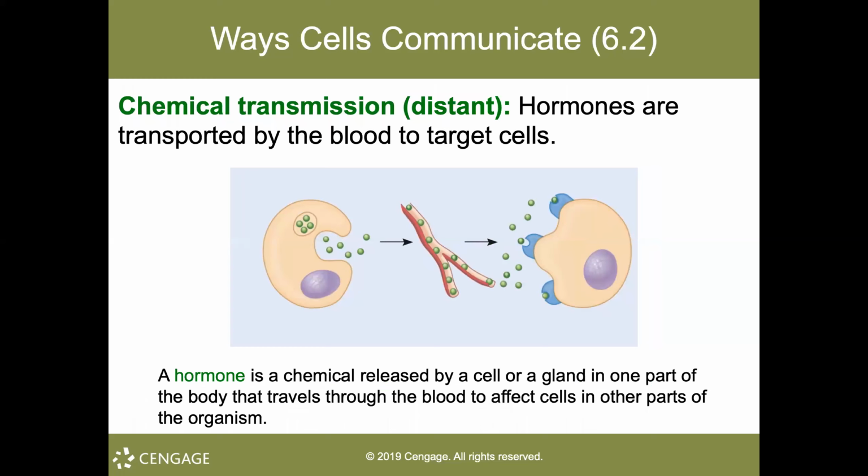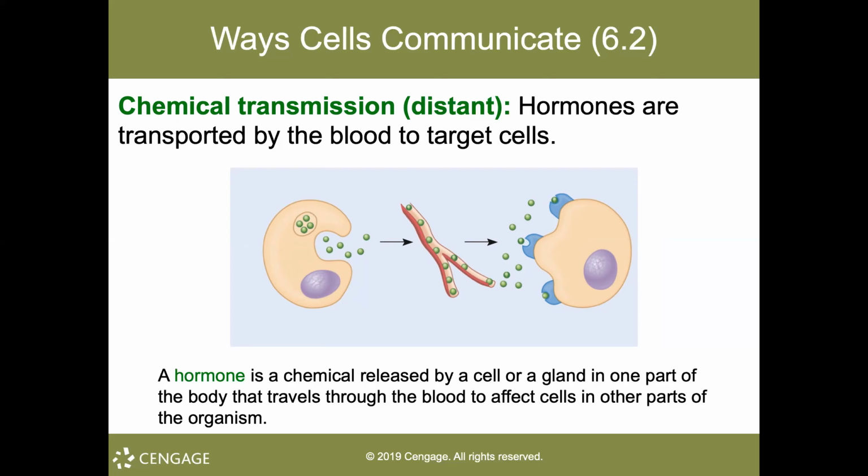Some chemicals will need to be released, and they need to be transported by the blood to the target cell. All right. So one example would be a hormone. A hormone will be synthesized by a cell. And remember, I brought up the example of your endocrine glands that are going to release the hormones.